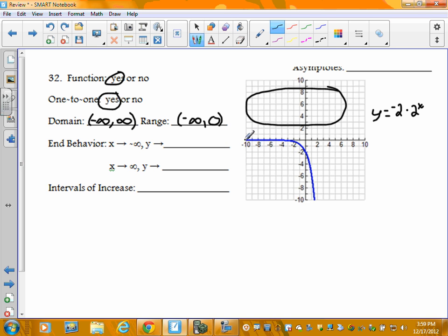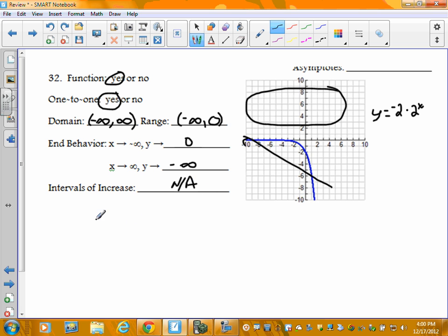The end behavior, as x approaches negative infinity, y is approaching 0. As x is going to positive infinity, y is going down to negative infinity. Again, when is it increasing? Look, it's never increasing, so it doesn't make sense. It's always decreasing.